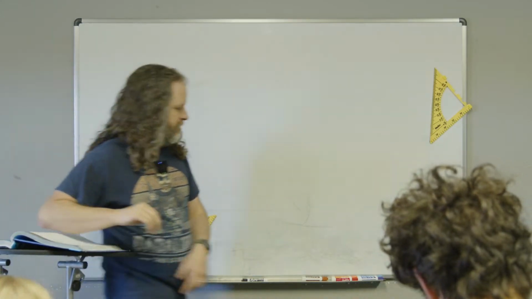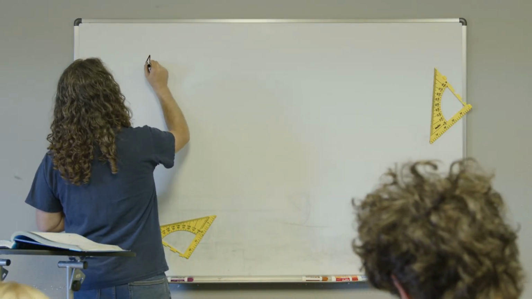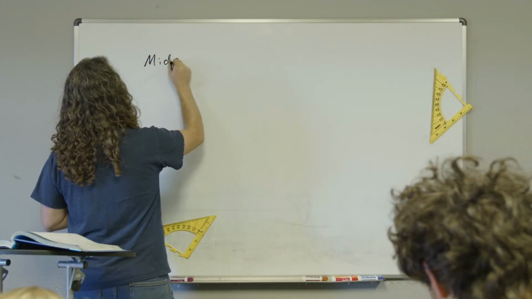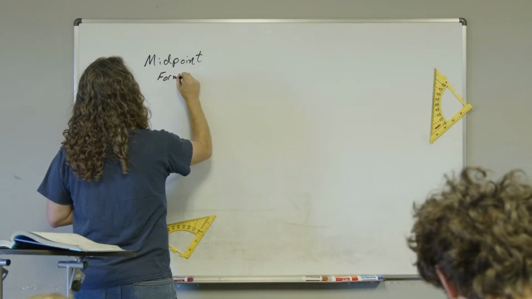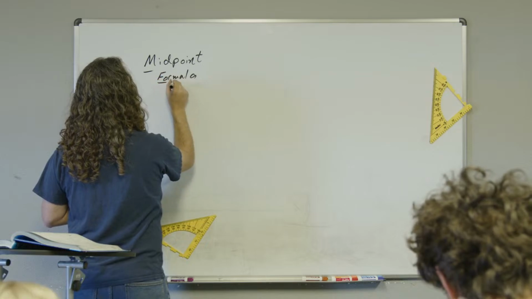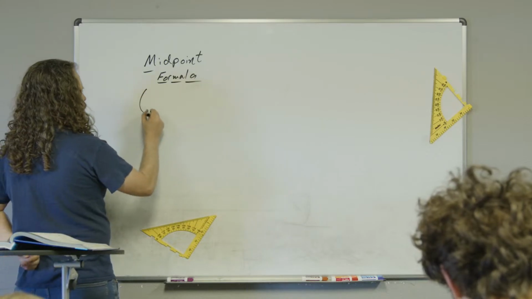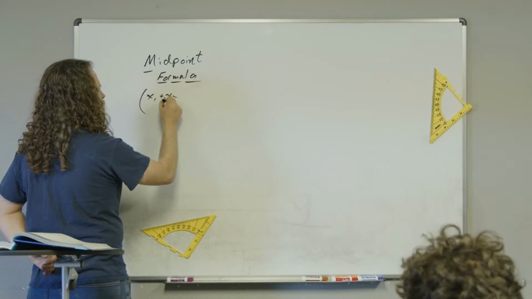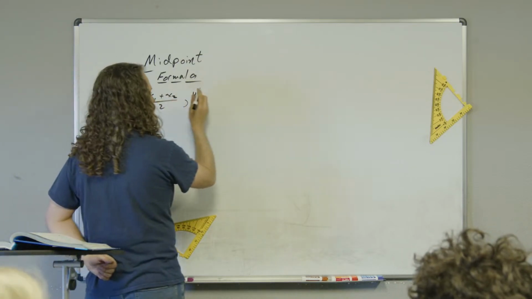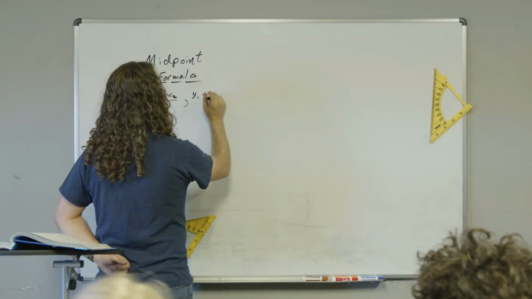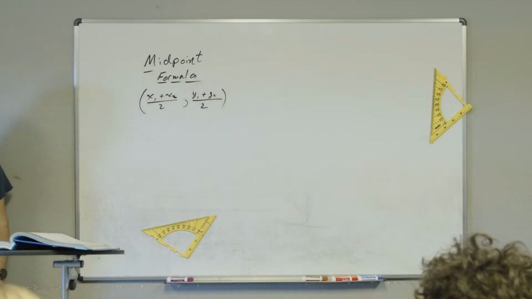Okay. The midpoint formula looks like the average of the x's, average of the y's.